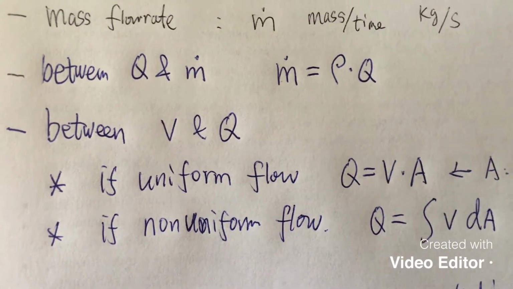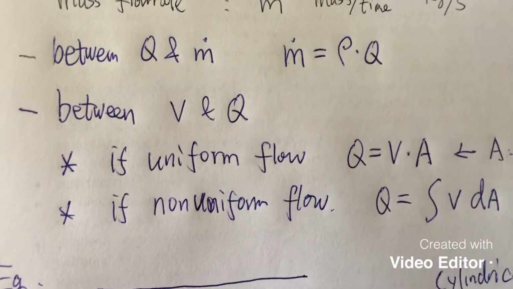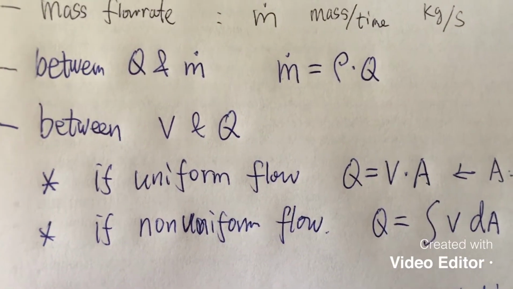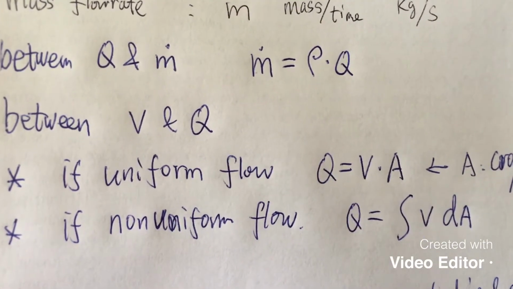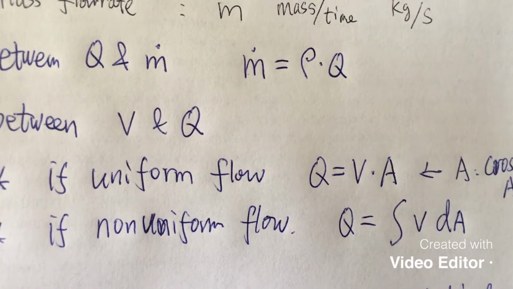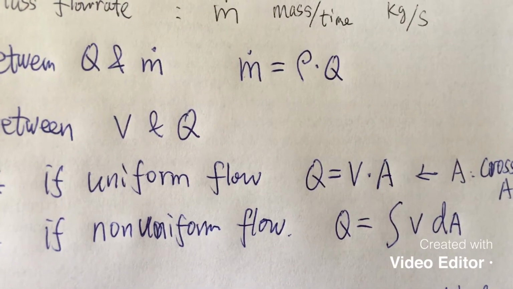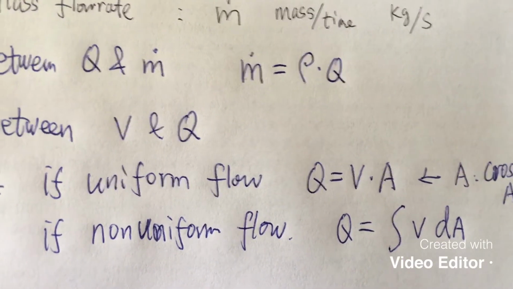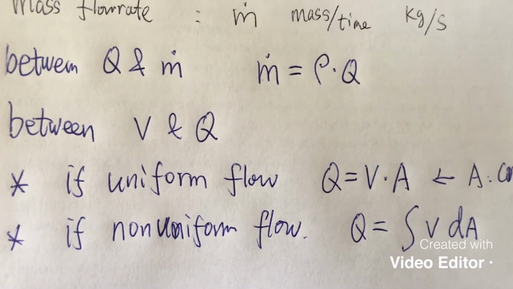Looking at the units, volumetric flow rate should equal velocity times cross-sectional area. Velocity is meter per second, the cross-sectional area is meter squared, and it becomes cubic meter per second for the volumetric flow rate.